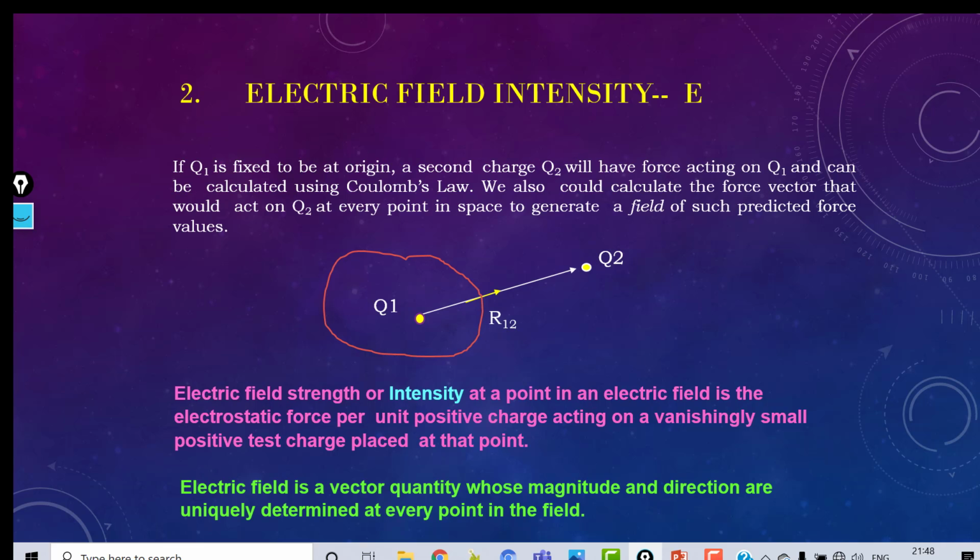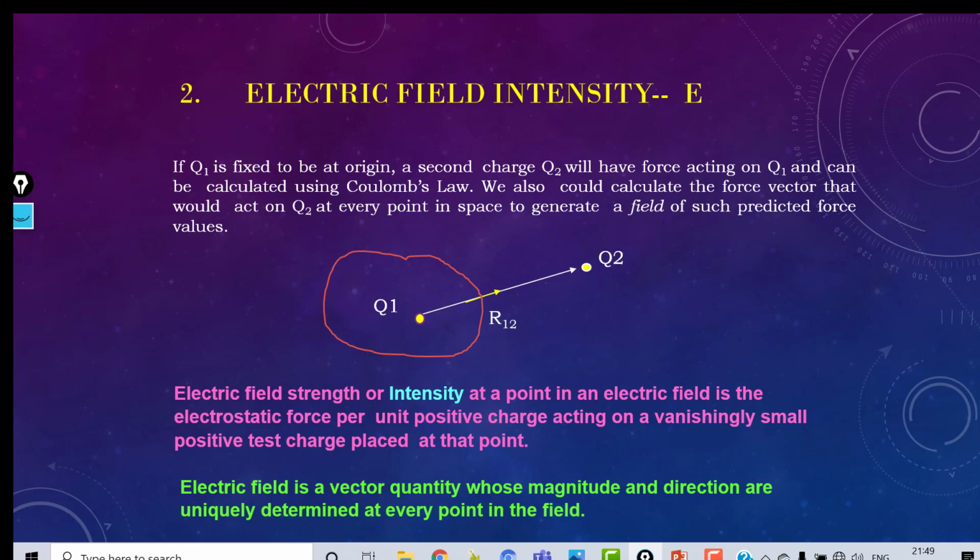So we have to calculate the force vector that would act on Q2 at every point in space. So in this direction there will be force on Q2. What is the intensity of this charge Q1 at point Q2? That is nothing but the electric field intensity generated by charge Q1.